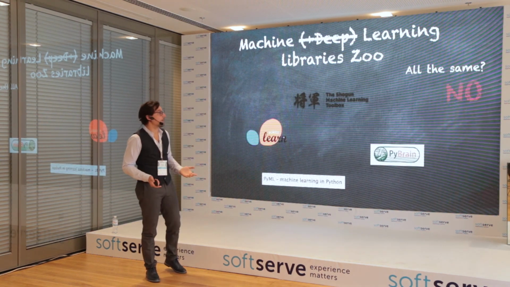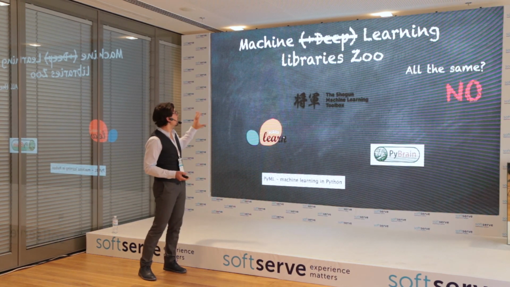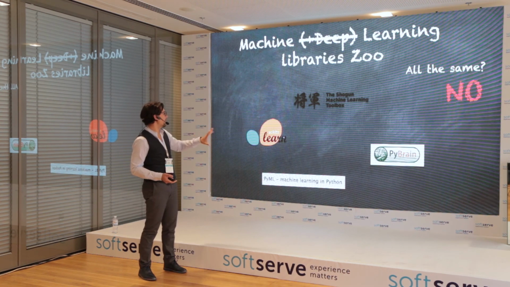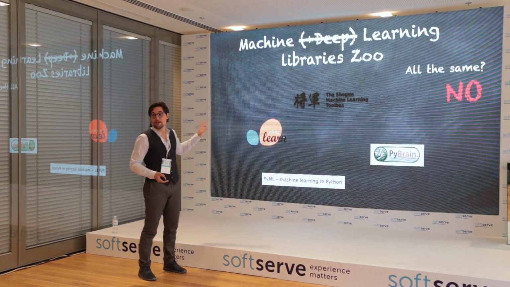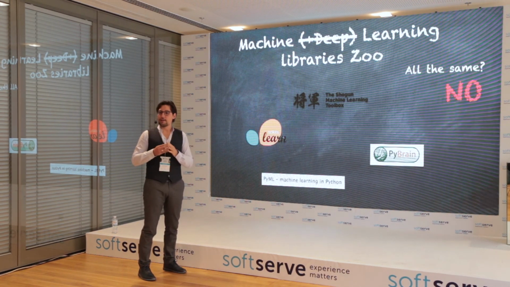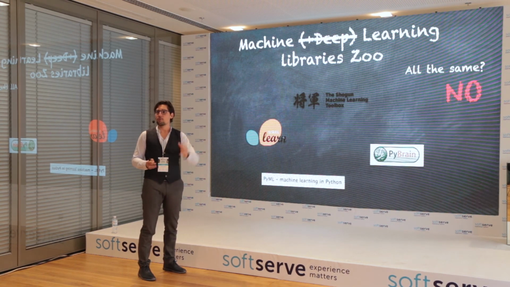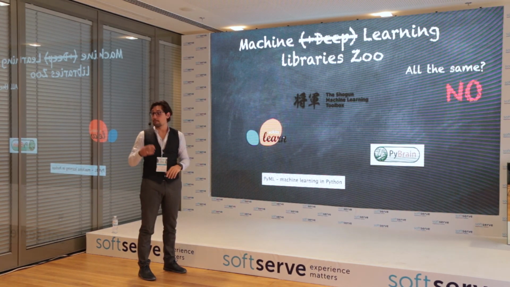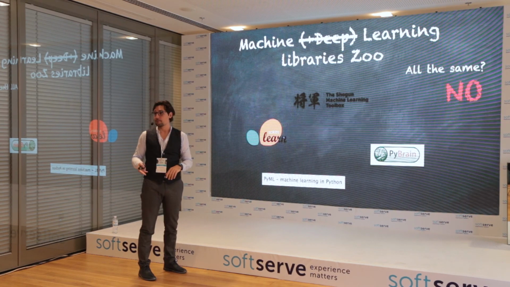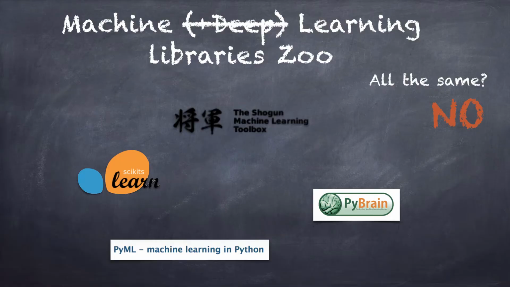Of course, the answer is no. If you take a look at only these libraries, PyBrain, PyML, scikit-learn: scikit-learn is, for instance, the standard library to do machine learning in Python. But scikit-learn is not used in the deep learning world, and the reason is that it completely lacks support for GPU computing.